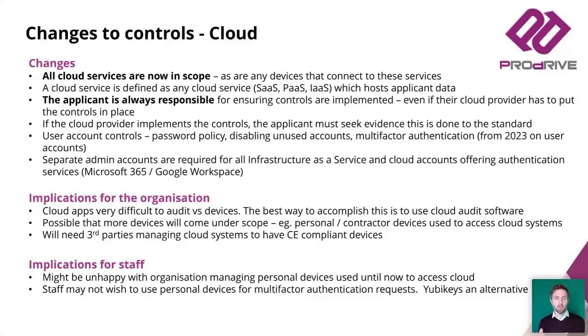But you are responsible for making sure the controls are in place and detailing that when you make your Cyber Essentials submission. So it's incumbent on you to find out from your cloud provider if the controls within the Cyber Essentials scheme have been put in place by them. A lot of cloud providers do publish that information, quite often publicly, but with smaller providers, you might have to ask them.